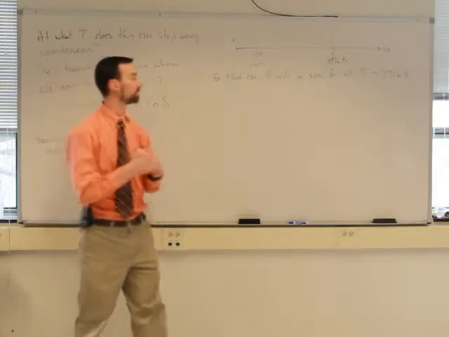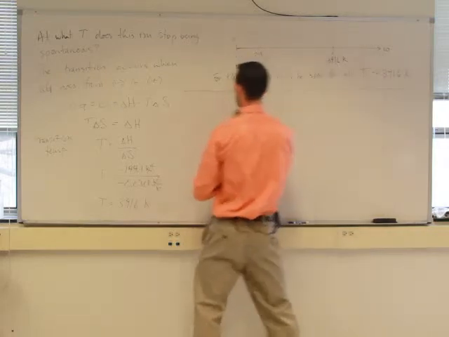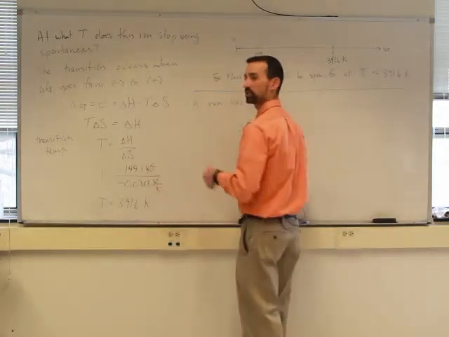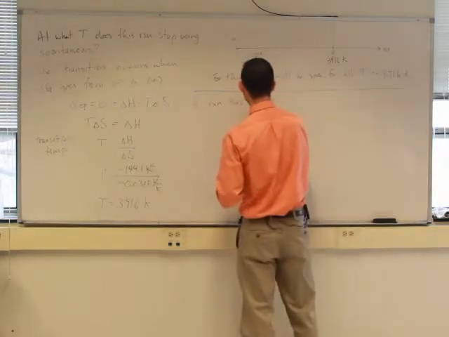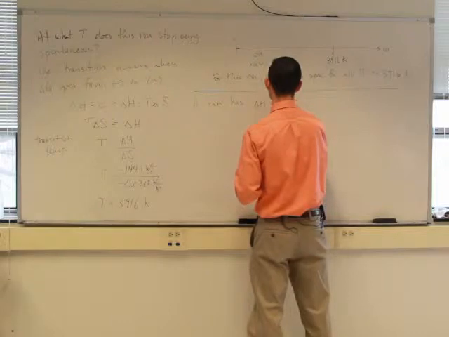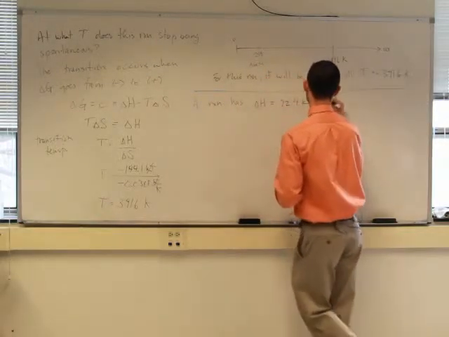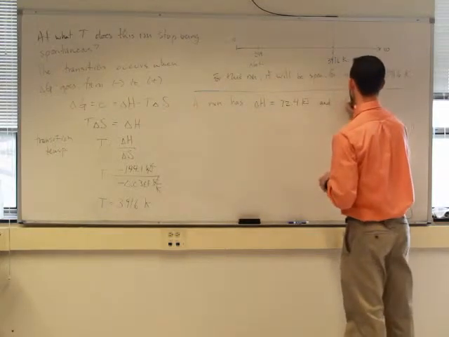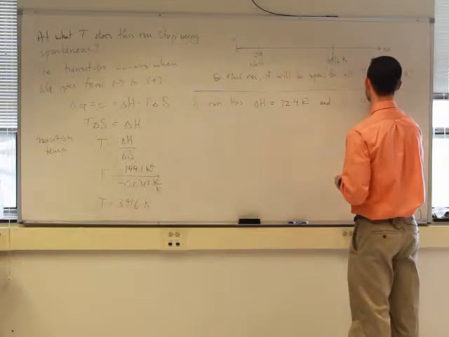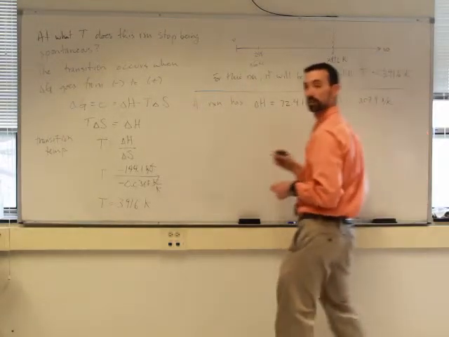Okay? Let me do another example for you here. A reaction, just some generic reaction, has delta H equal to positive 72.4 kilojoules and delta S equal to positive 207.9 joules per Kelvin.